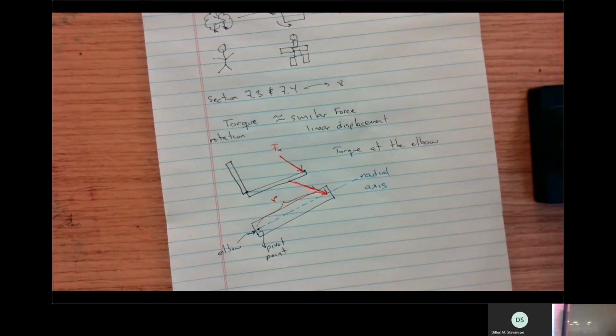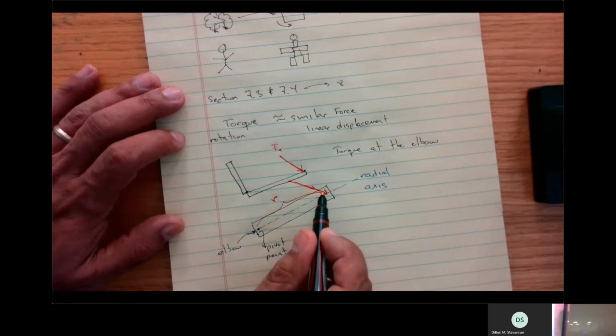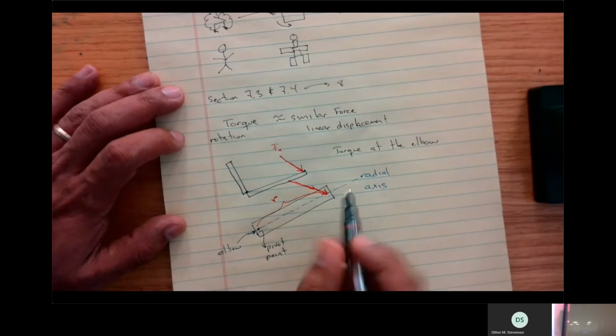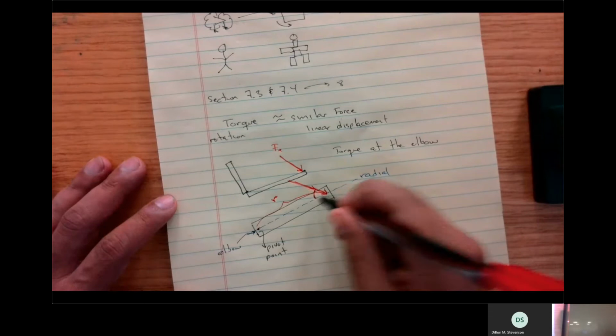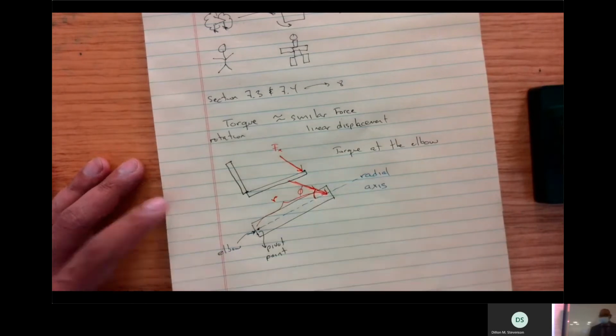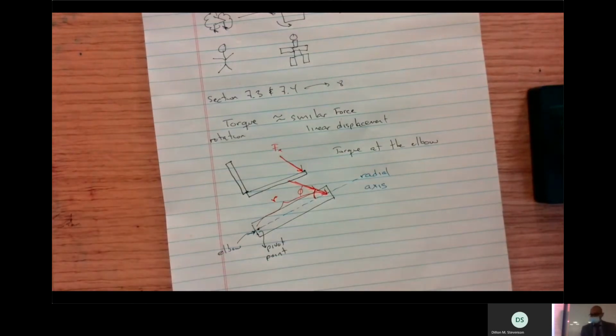The other one is an angle, over here, and I'm going to call this angle phi.